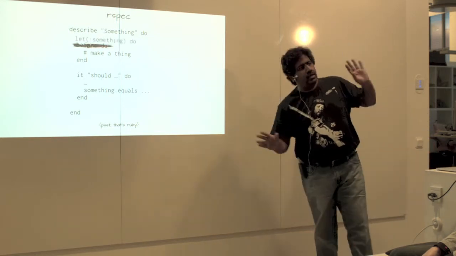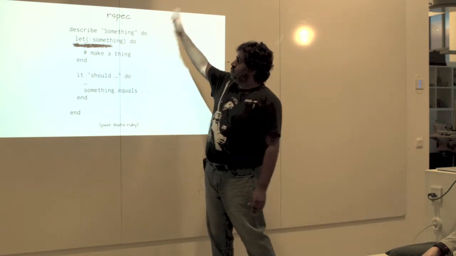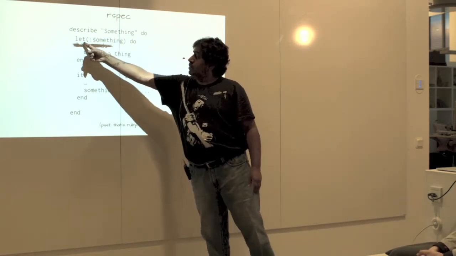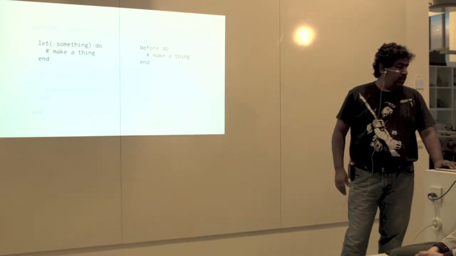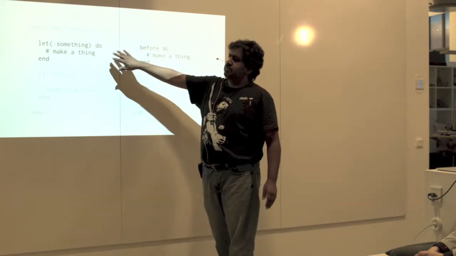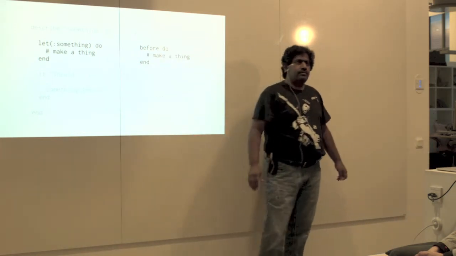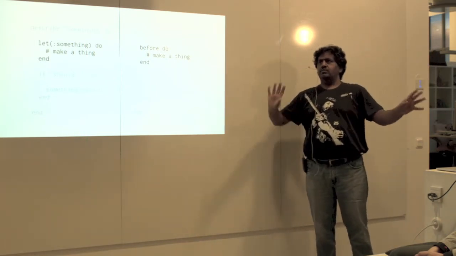Both RSpec and JUnit have the same conceptual model. Then RSpec 2 point something comes up with this method called let. And many people started replacing the before block with let. And if you go to Stack Overflow, you'll see endless discussions about let versus before.